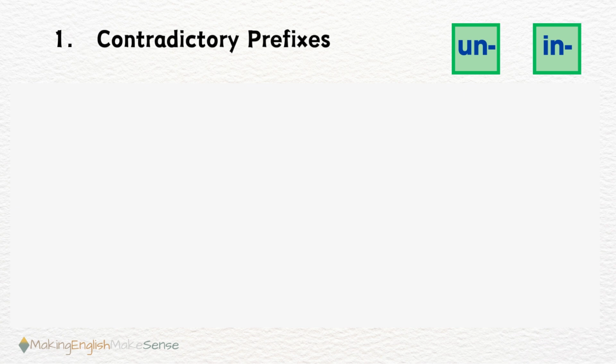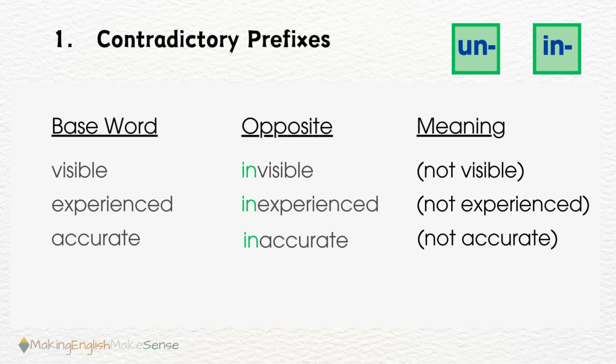When we attach one of these prefixes to a base word, it changes the meaning of the base word to mean the opposite of what it usually means. For example, the word visible becomes invisible to mean not visible.